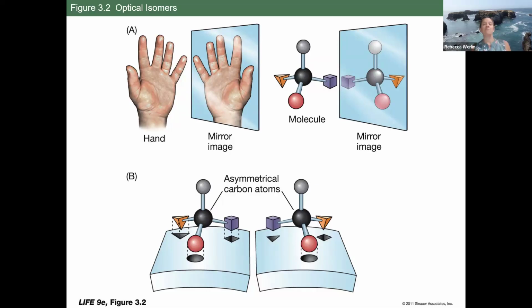But then if you have the same exact chemical formula, but in a slightly different chemical structure, you have, again, a red sphere going to a circle, so that works. But now you have the purple cube going to a triangle, that doesn't work. And now you have the yellow pyramid going to a square. That also does not work. And that really shows how specific biological molecules are.